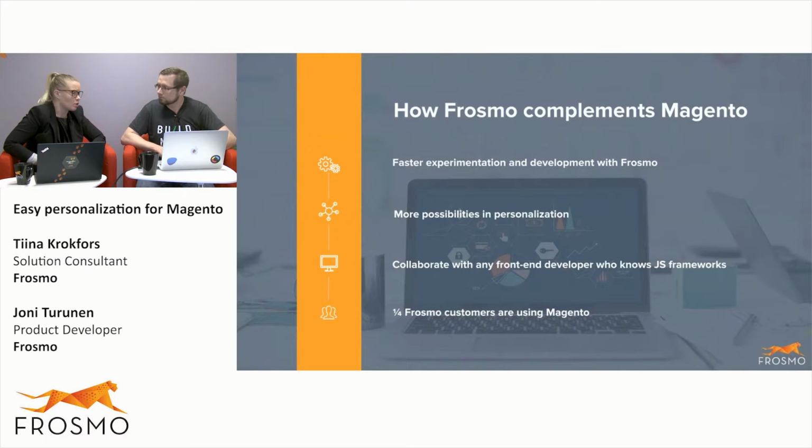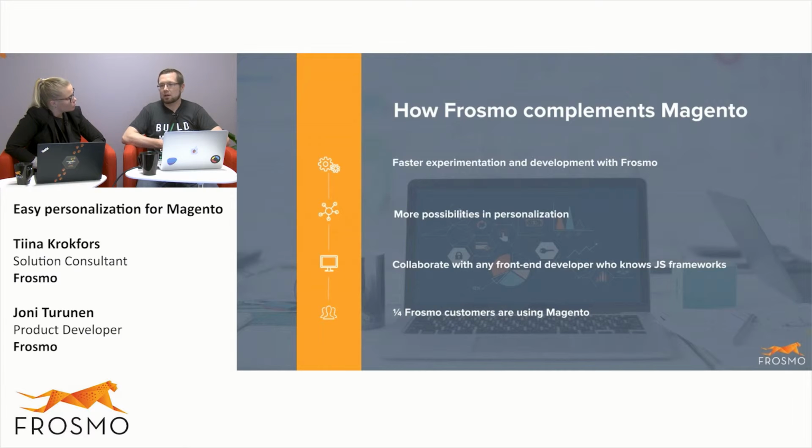Just one question: could you tell a bit about how they could use these other JavaScript frameworks? How is it possible if it's not possible with Magento? Yeah, because I'm pretty sure many customers who are thinking about what Frosmo can do don't understand this.